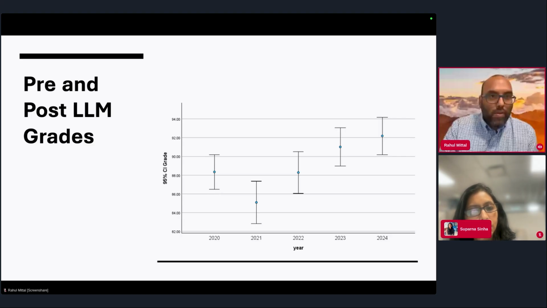And slowly every year, we've been building the use of large language models. Since 2022, I have, step by step, increased the prompt teaching, teaching the students different prompts from basic to intermediate to help them produce a literature review.